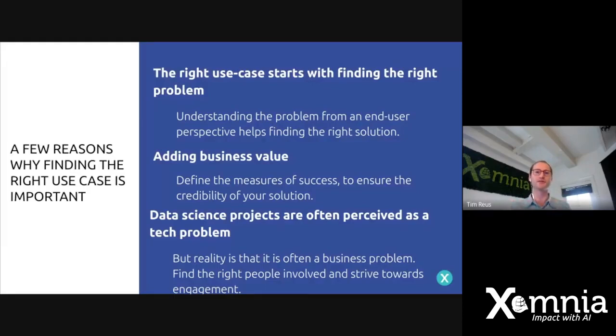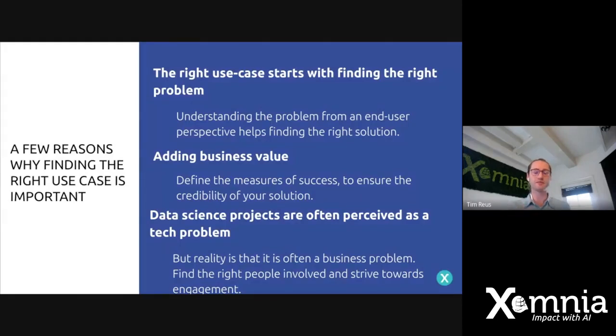You want something to be resolved. You want to find new ways of doing business. You want to make your life easier, because you don't want to type in that data every time. You might want an automated solution. So it is very often more a business problem than just a tech problem.